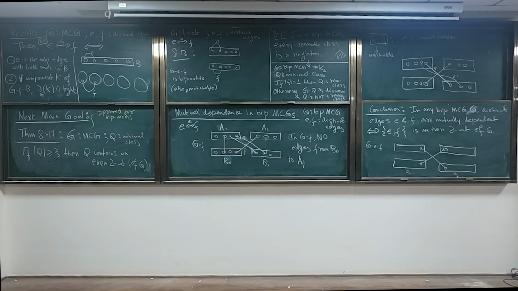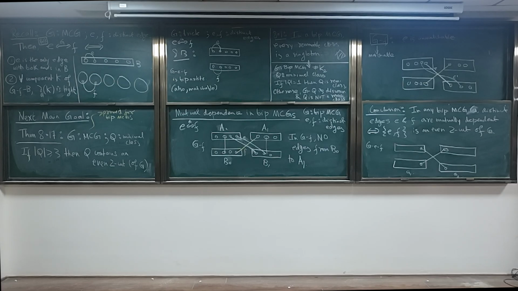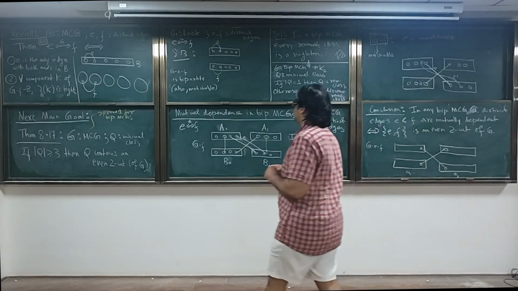So what we will prove is that you cannot have any equivalence class of cardinality 3 or more, not only a minimal one. We will prove that in a brick, every equivalence class has cardinality 1 or 2, minimal or not.